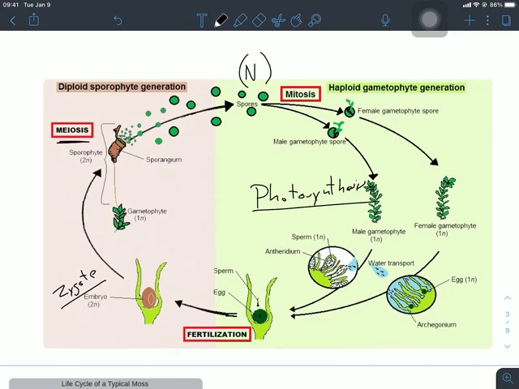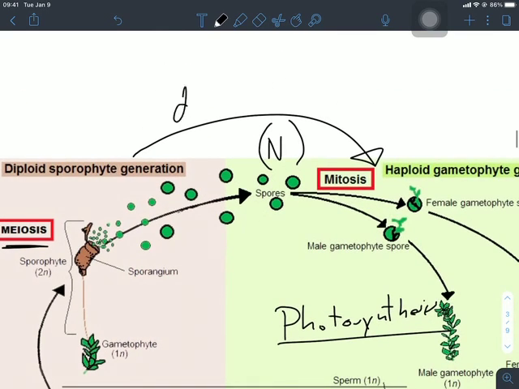That won't always be the case. When we look later on in the plant evolutionary tree, that has switched over to being the sporophyte as the photosynthetic body, with the gametophyte being nutritionally dependent on the sporophyte. For now, however, the sporophyte is dependent on the gametophyte.